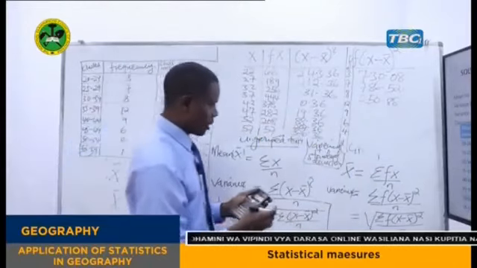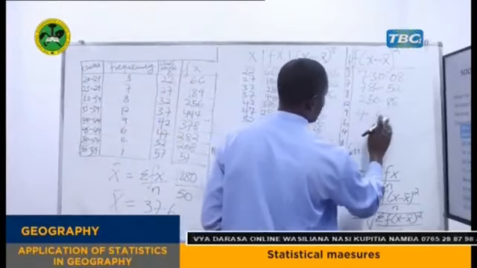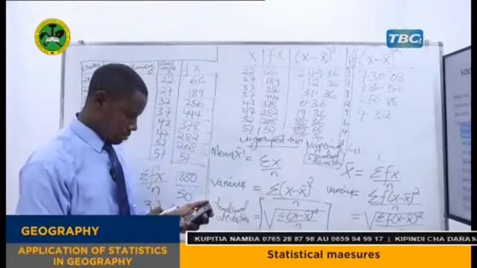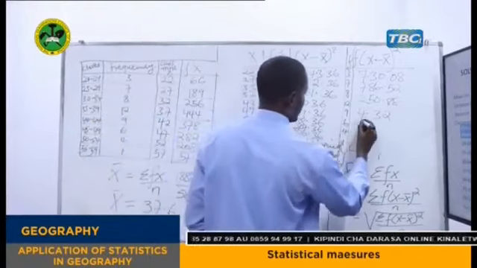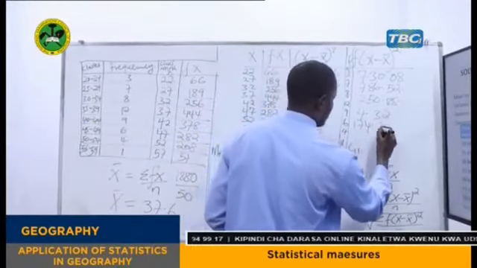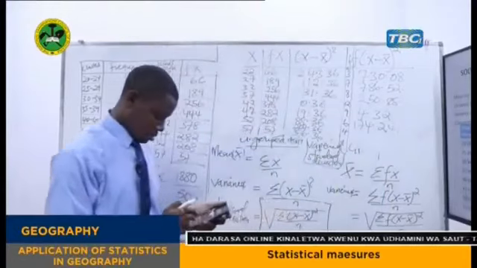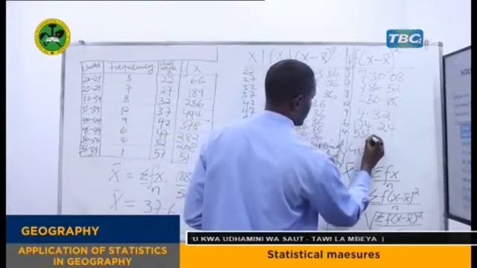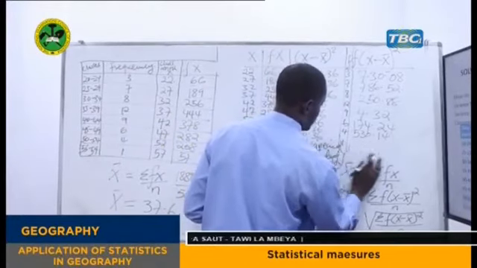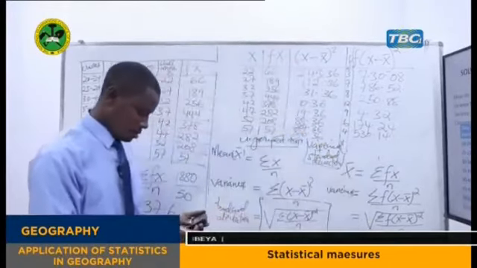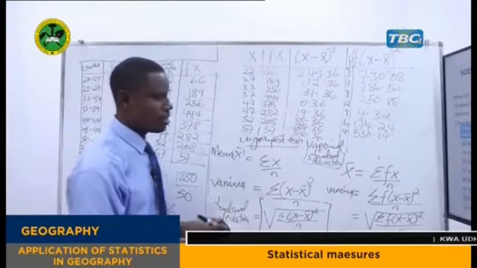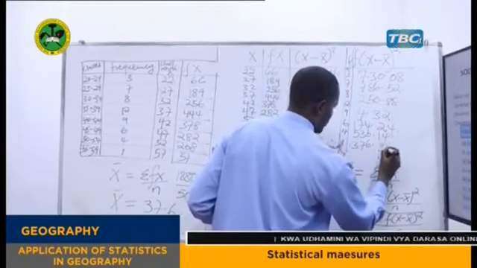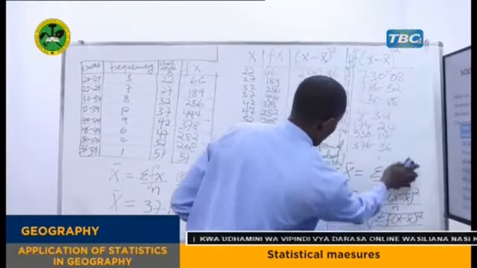The next one, you'll come up with 4.32. The next one, you'll come up with 174.24. The fourth one, it is 530.14. And the last one, it will be 376.36.